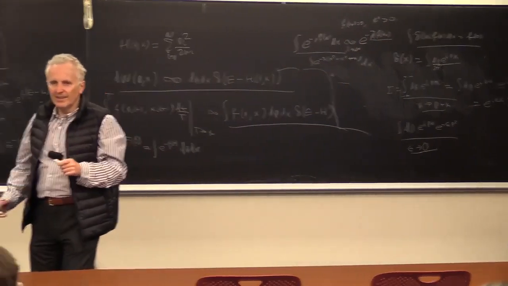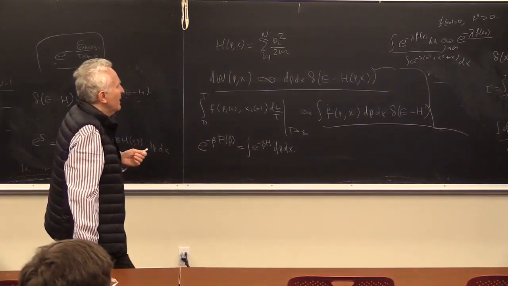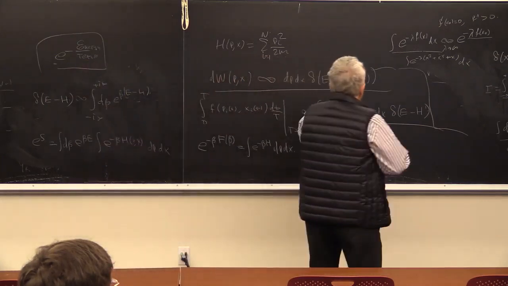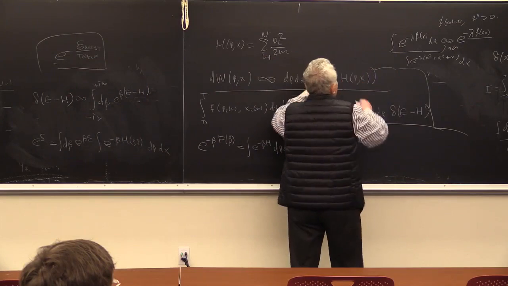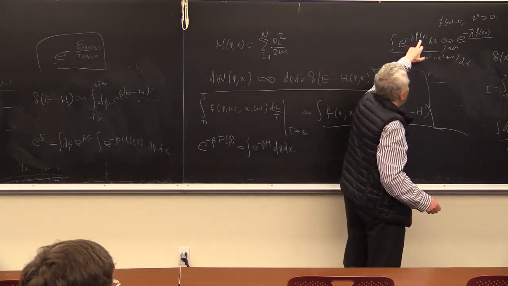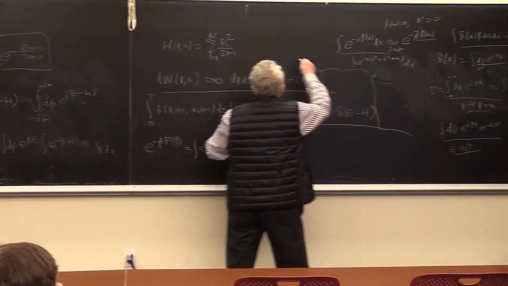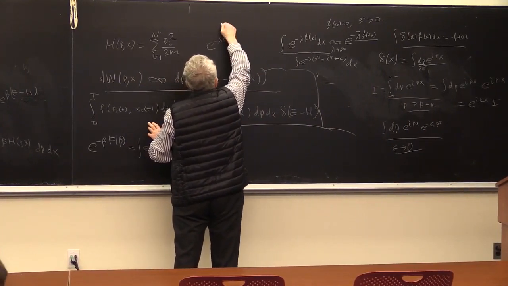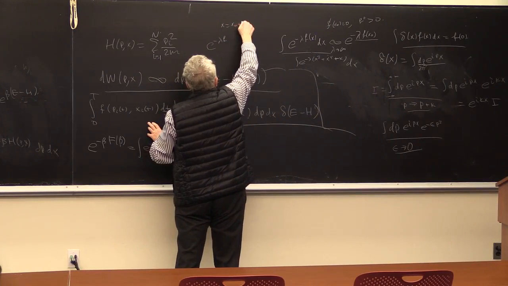So why is that? It's very simple. If I have a minimum, then I can expand around x naught plus y.